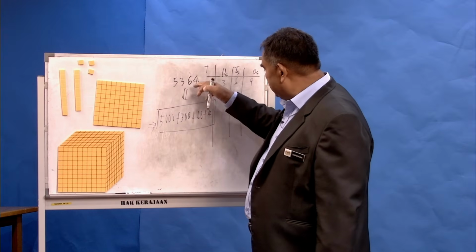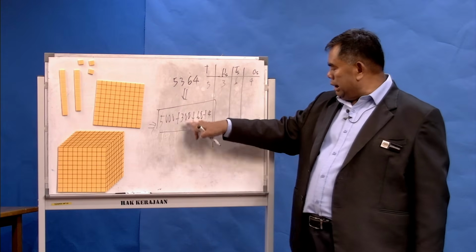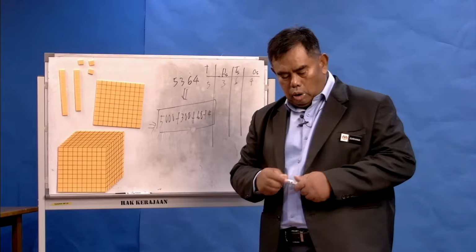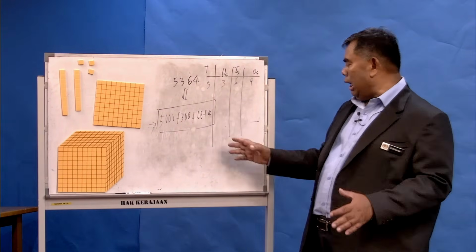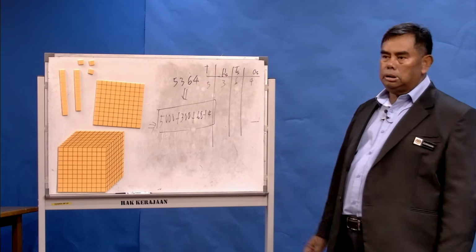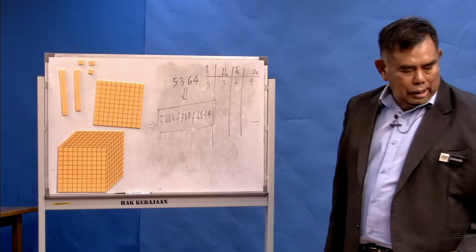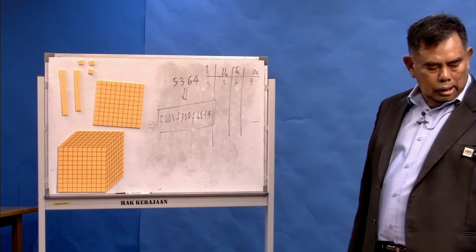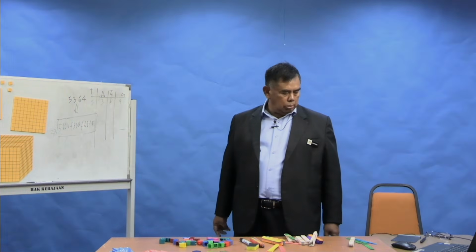If our children can do this at an early stage, like year 1 or kindergarten, I think they already construct in their mind the concept of number in an abstract way. This is a counter. We can use this as a counting block.